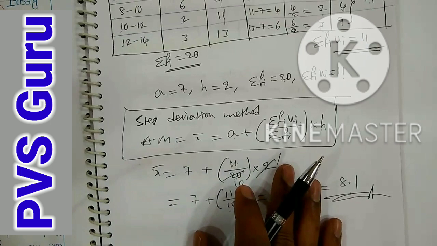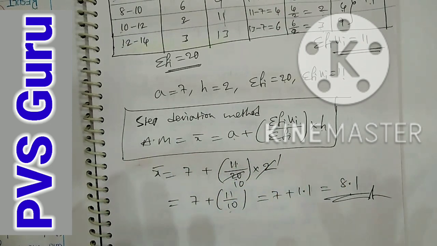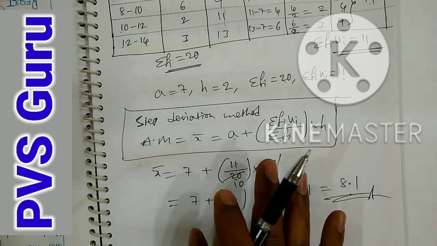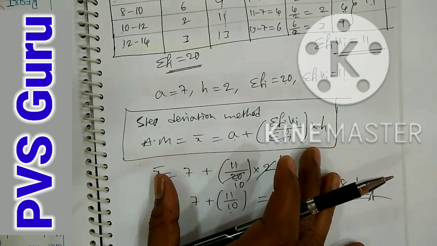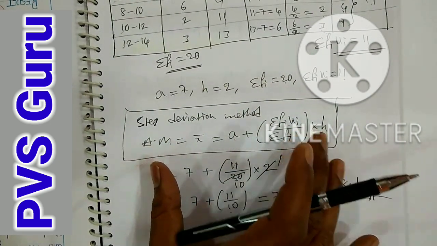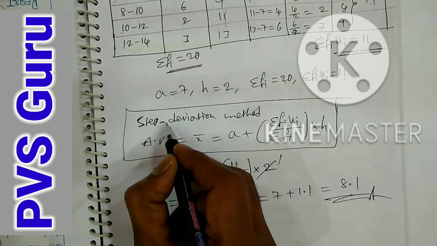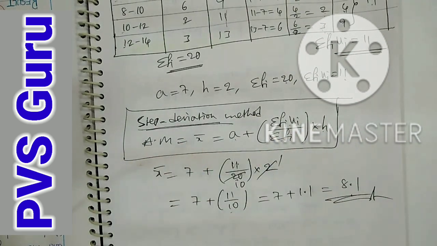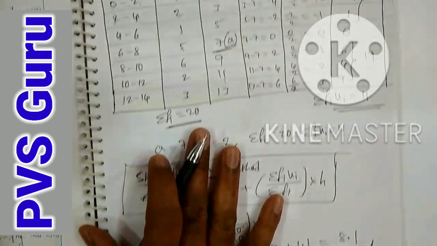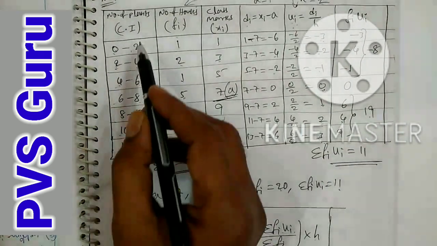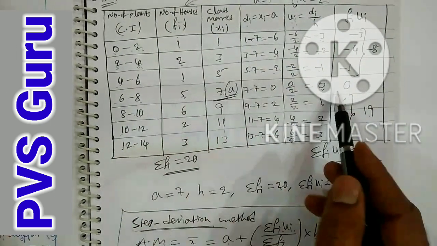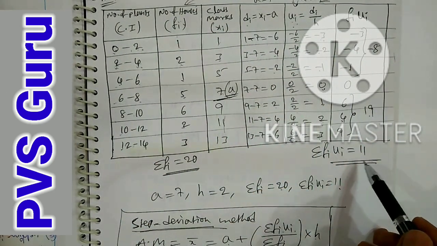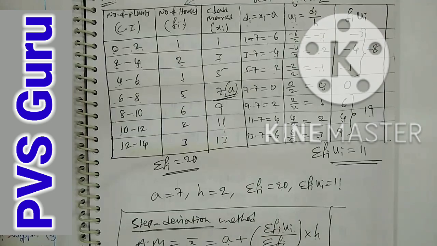Suppose no method is specified and they just ask you to find the arithmetic mean, then you do the step deviation method, which is very easy and important. If very big values are given, then you go for the step deviation method, you will get small values and the calculation is also very simple.